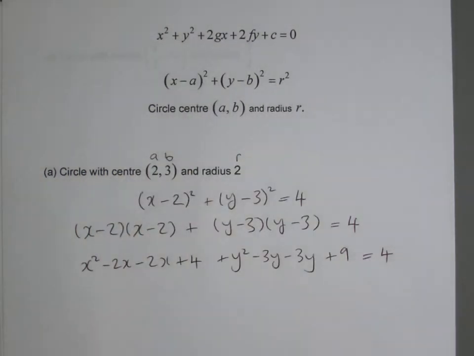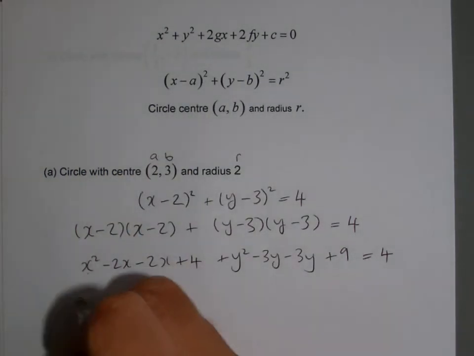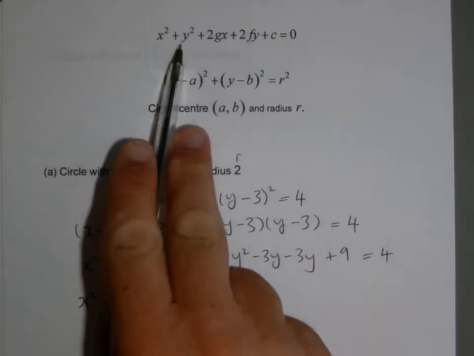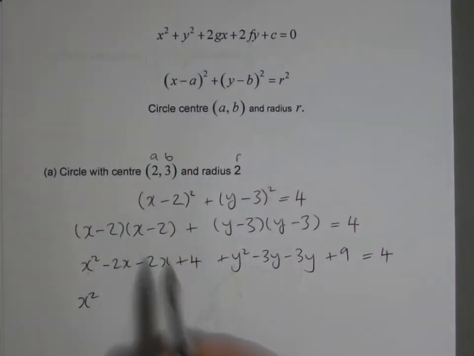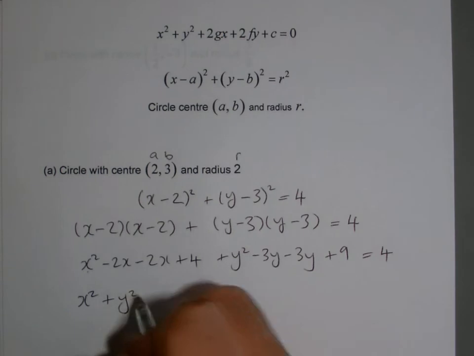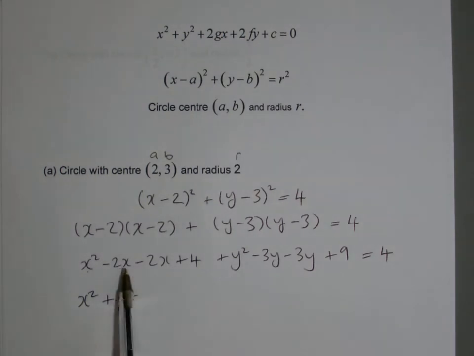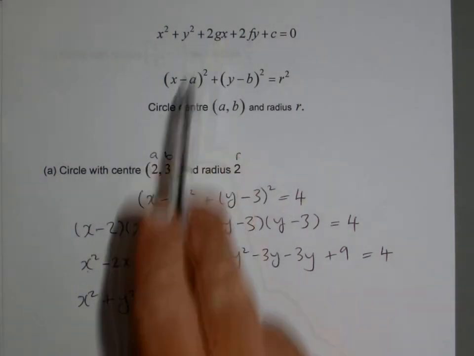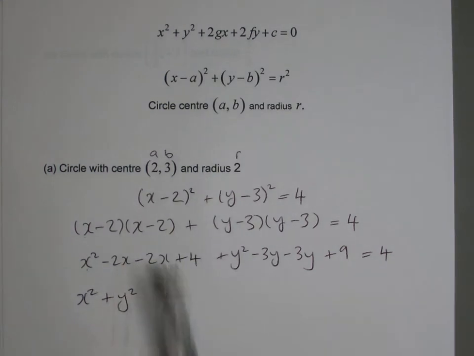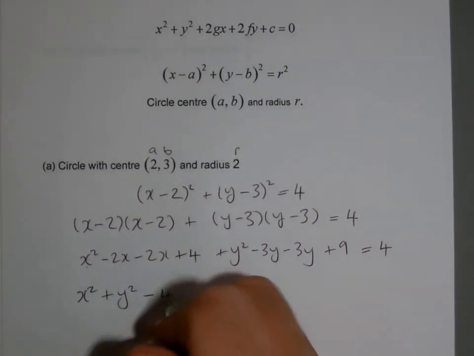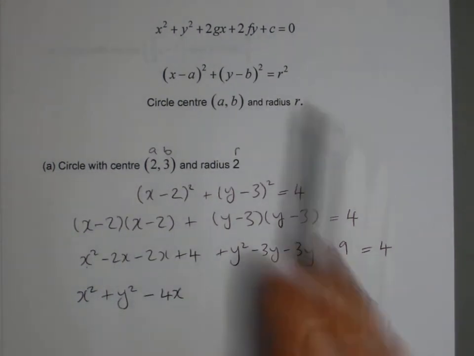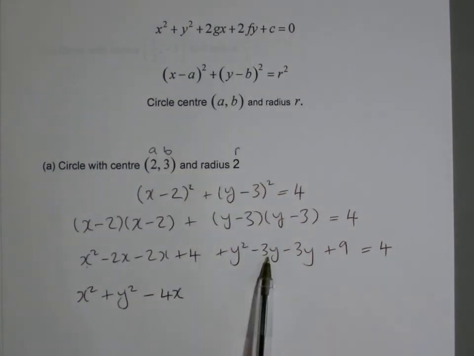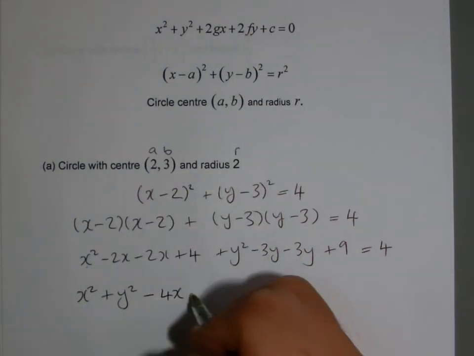Then what we need to do is simplify it and get it so that it looks like that. So we start off with x squared, then it says y squared, doesn't it? Well, I've got my y squared there. Then let's look at the x terms. So minus 2x and minus 2x is minus 4x. Then the y terms: minus 3y and minus 3y is minus 6y.